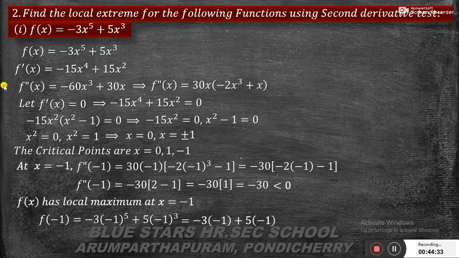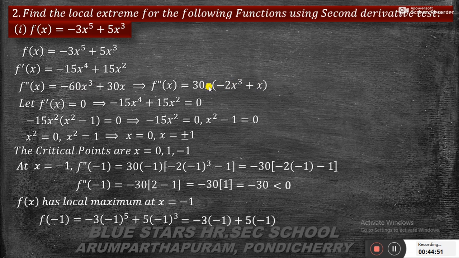You consider f double dash of x equal to 30 into, you take 30 as the common factor from each term, so the remaining terms are minus 2x cube plus x.